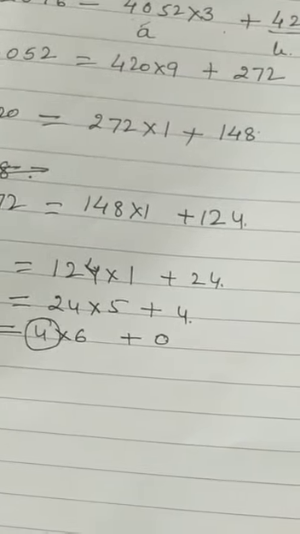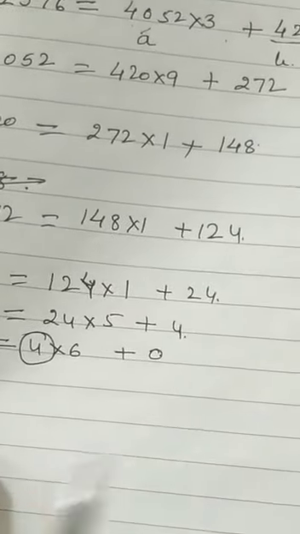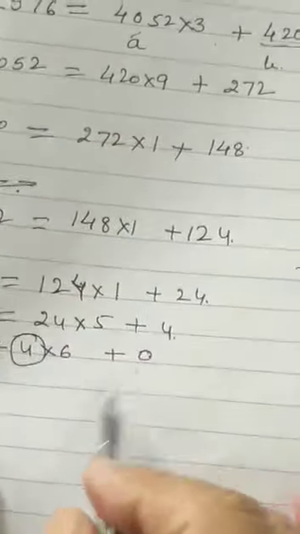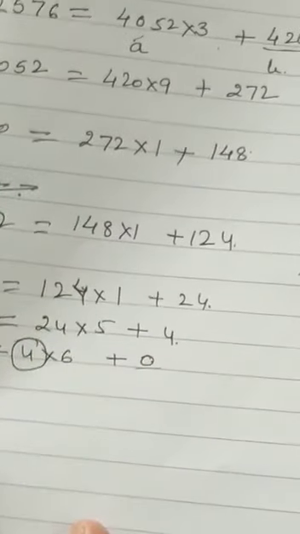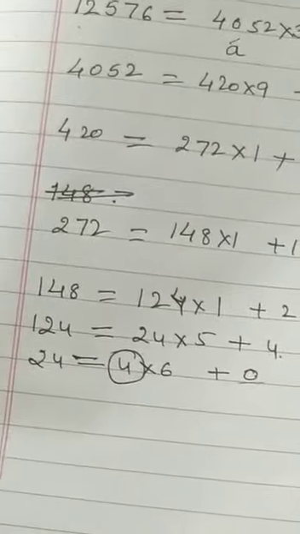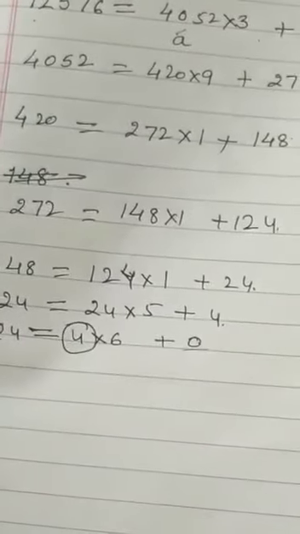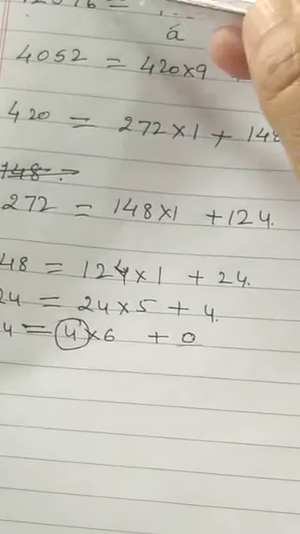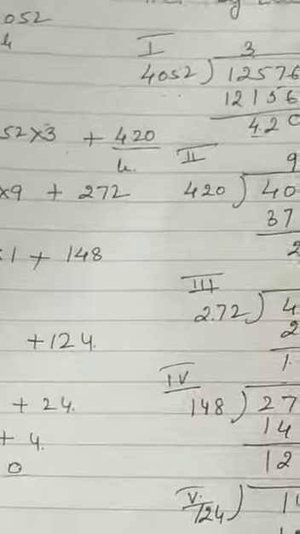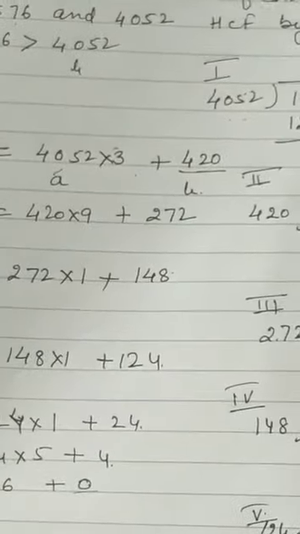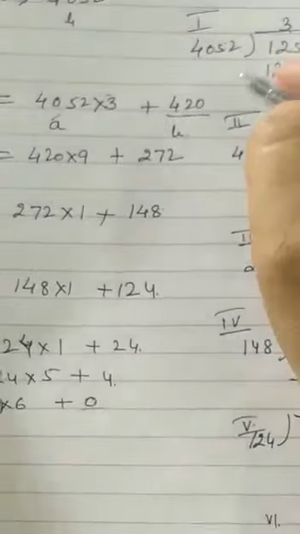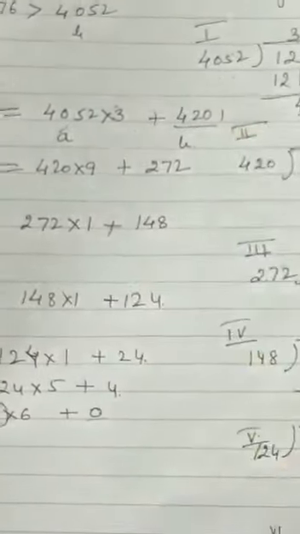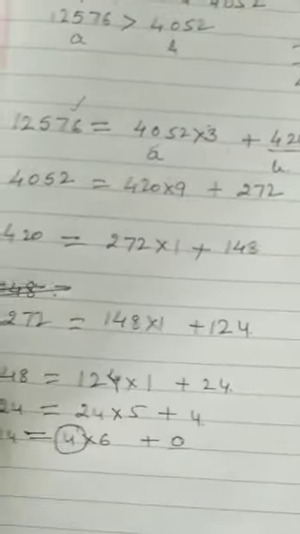If it is not 0, we will divide again and again till it becomes 0. So this is the method. How can we find out? So now you see in these numbers, how can we take the prime factorization and find out? It is quite difficult. That's why we will use the Euclid division algorithm.